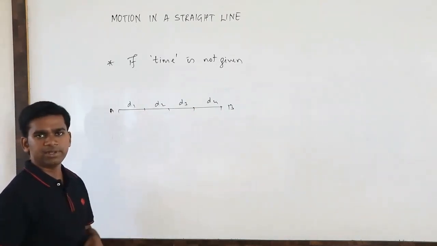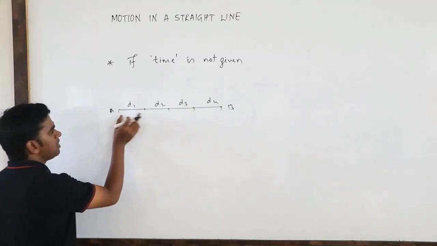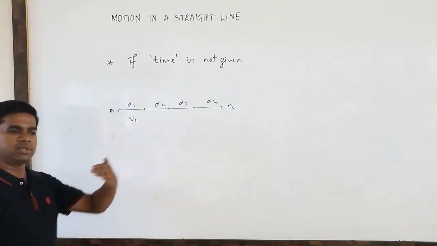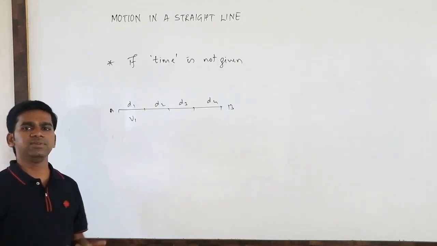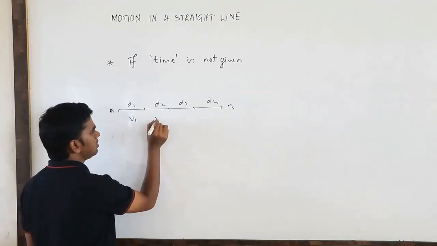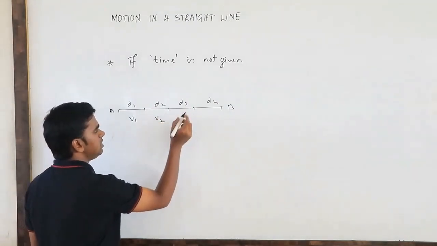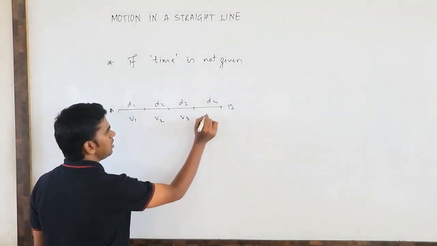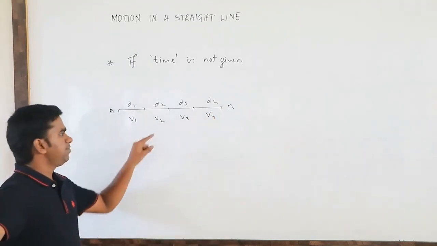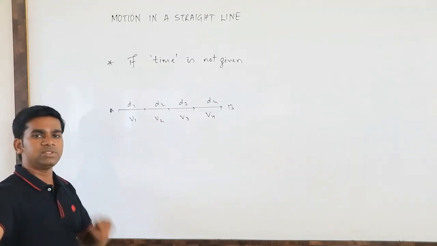Time is not given. Instead of that, for the first distance d1, it had velocity v1. For the first 10 km, velocity was say 50 km per hour. For the next distance, velocity is v2. Again for d3, velocity was v3. Next v4. Distance is given, velocity is given, but time is not given.